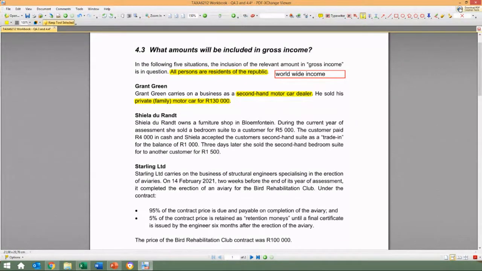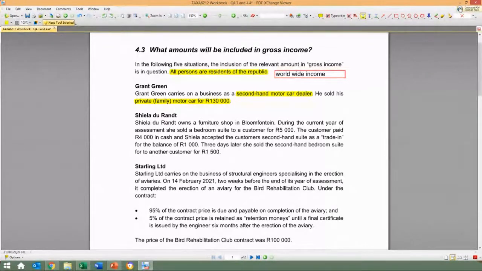Okay, so let's start with the gross income definition. We know he's a resident, so we firstly have to look at: is it a total amount in cash or otherwise? If he sells a car, you generally receive cash for it. Then the second thing, is it in the year of assessment?